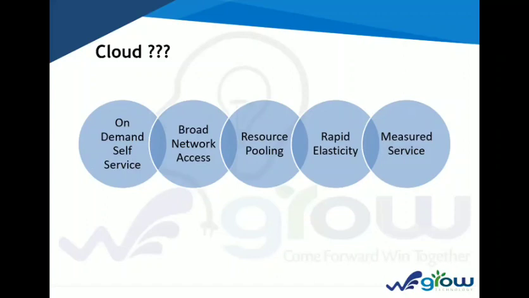Measured service: you do not need to have a particular server enabled for monitoring. AWS already has CloudWatch as a monitoring tool, and if you want some kind of Kibana service for log viewing, that can also be enabled.